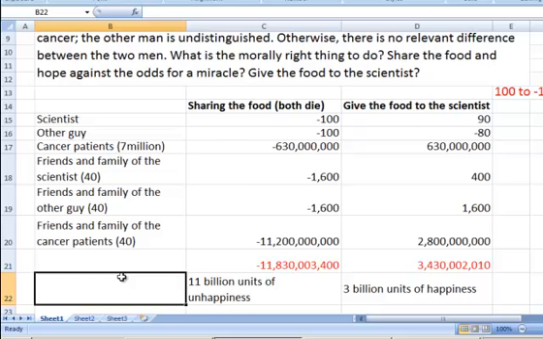Now quickly, before I end, let me just say that obviously it's not necessary to do this calculation every time you want to see from a utilitarian perspective what the morally correct thing to do is. I just wanted to go through it in order to emphasize that we need to, one, take into account every person that will be affected, and two, take into account how they're going to be affected.